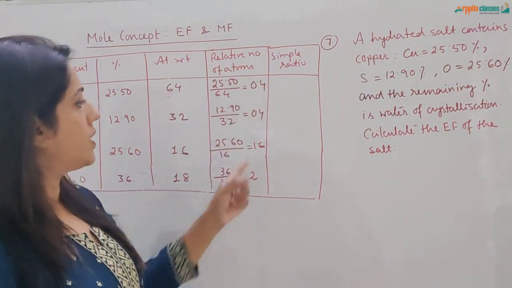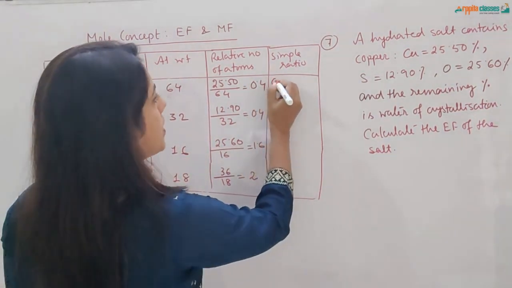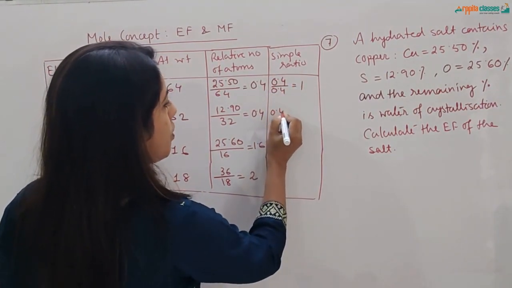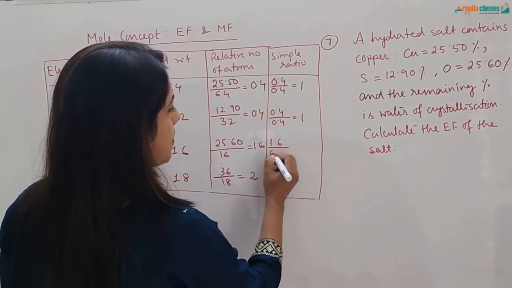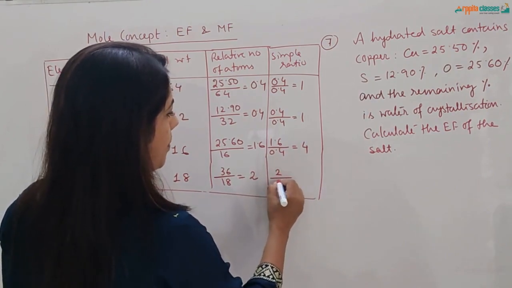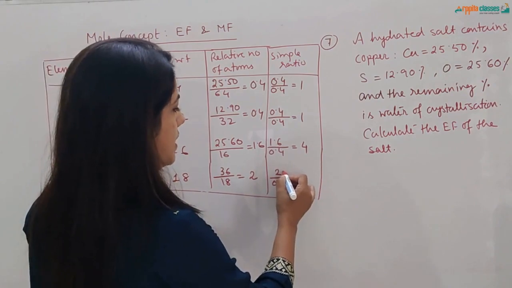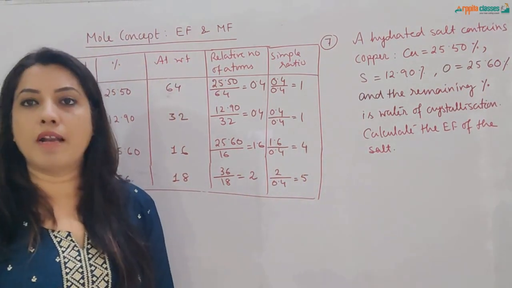So now the lowest value is 0.4. So we'll divide everything by 0.4. So 0.4 upon 0.4 is 1, 0.4 upon 0.4 is 1, 1.6 upon 0.4 is 4, and 2 upon 0.4 is 5. So 1, 1, 4 and 5.